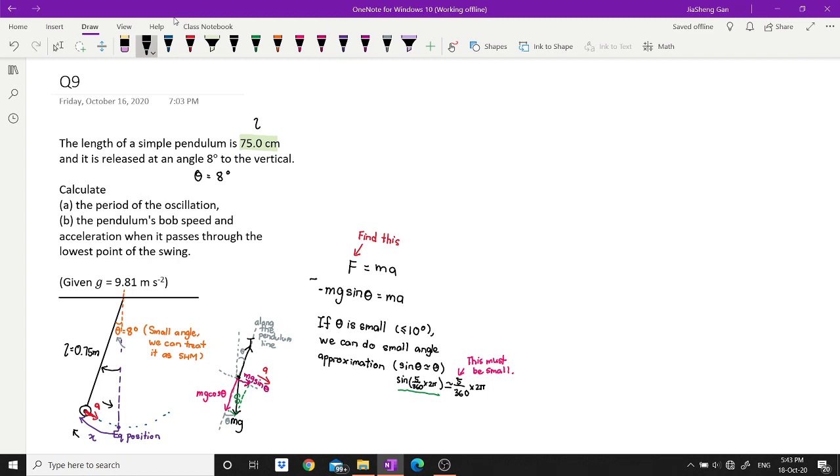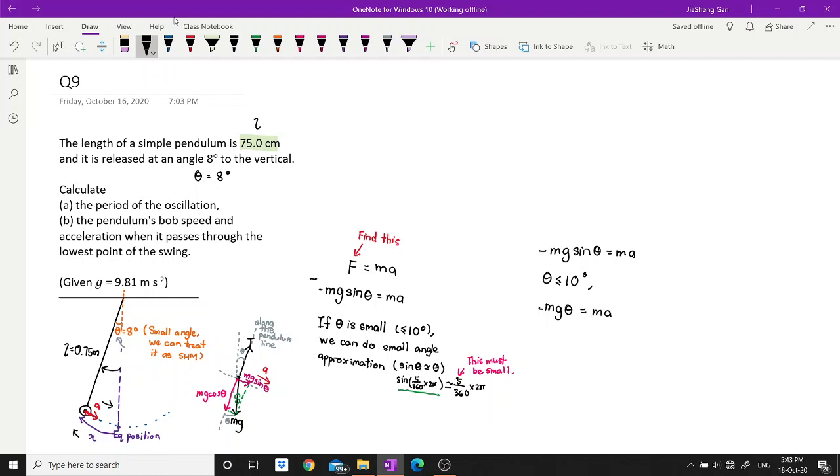So what we can do here, now we have negative mg sine theta equals ma. Theta is less than 10 degrees. Therefore, we can do small angle approximation. It becomes negative mg theta equals ma instead.